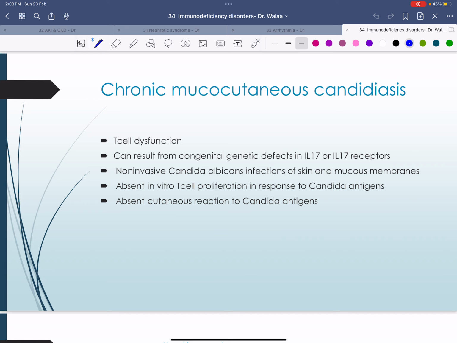That means if we have a problem, we're unable to recruit neutrophils to the site of infection and we're unable to stimulate neutrophil proliferation as well. This will lead to recurrent mucosal infection, specifically fungal or Candida. So this will lead to chronic mucocutaneous candidiasis, a candidal infection that's very difficult to clear or treat. Okay.